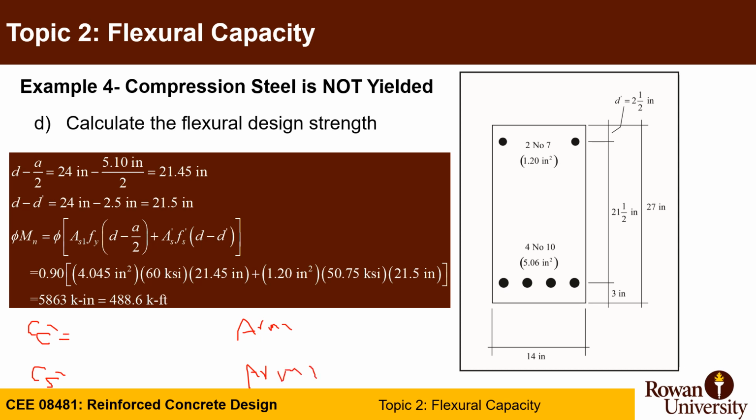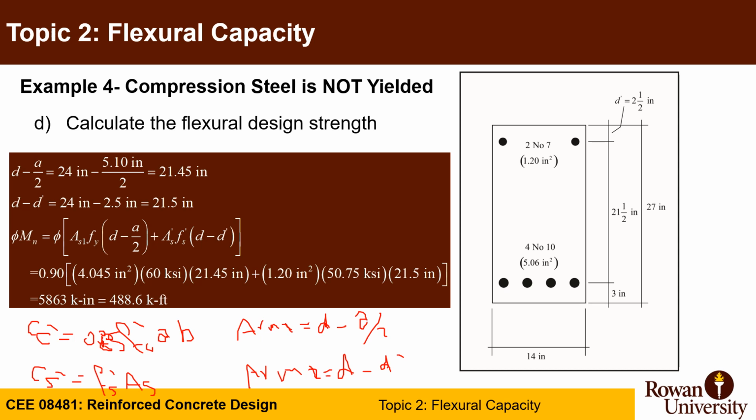In this case, CC is 0.85 F prime C A B, and the arm 1 is D minus A over 2, and CS dash in this case is FS dash, which you can calculate, times AS dash, and arm 2 is D minus D dash.